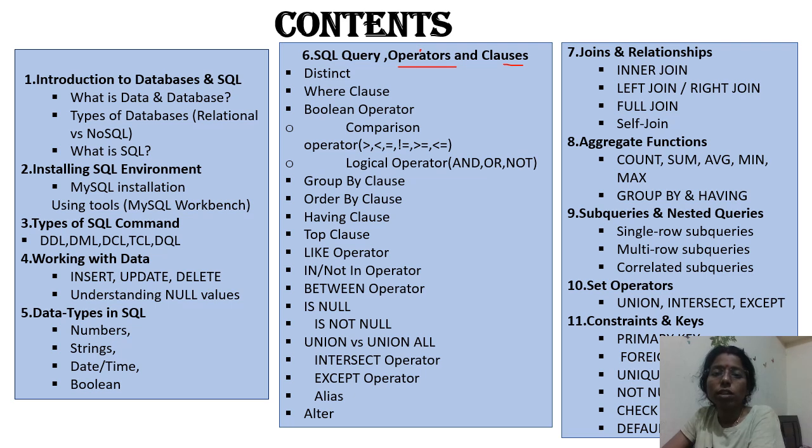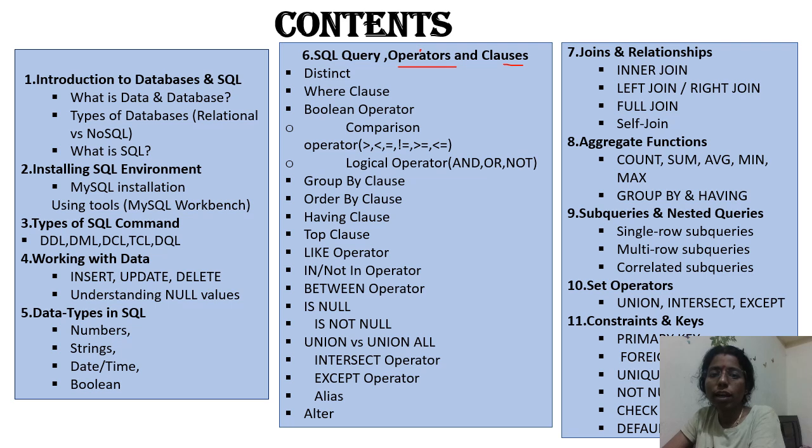So we'll go step by step. Distinct, it shows unique. Distinct clause, then where clause. The where clause is used for the condition. In the query we are using this where clause for condition. That condition is based on boolean operators and logical operators.